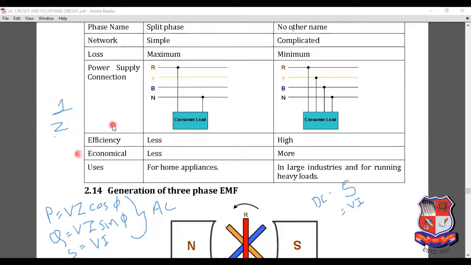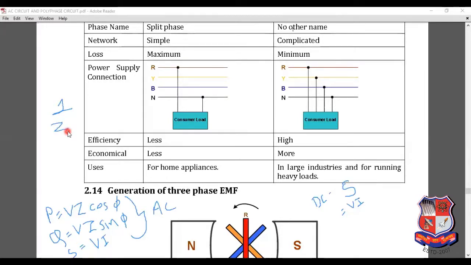For any DC circuit, the power factor is always unity, and in case of an AC circuit, the power factor varies between 0 and 1. This is the range of power factor.